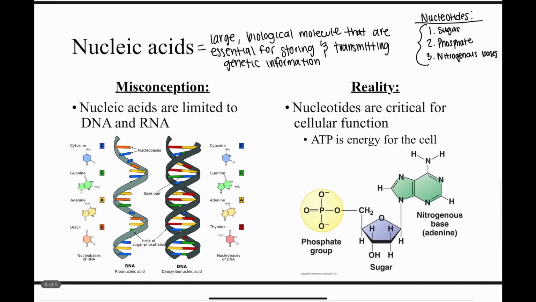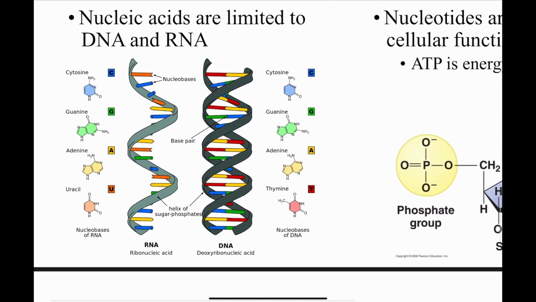So when we're looking at our DNA and RNA molecules, what we see is that the sugar in our DNA molecule is called deoxyribose, and the sugar in our RNA is called ribose. And our phosphate group is here. It's what's forming this helical structure, double-stranded on the DNA and single-stranded on our RNA.